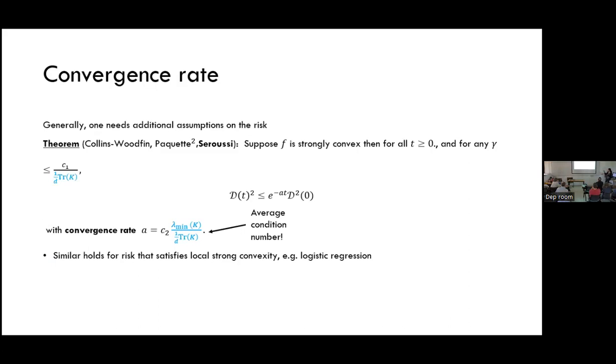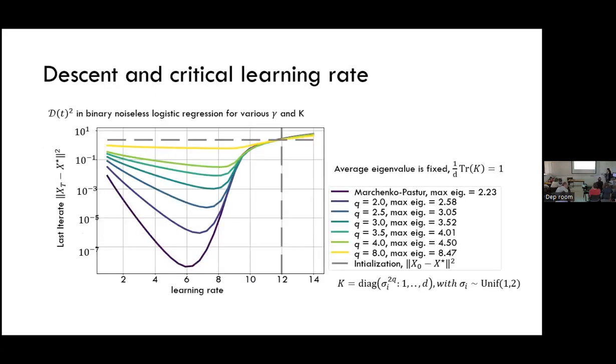And this, for example, covers the problem of logistic regression, in which you're not strongly convex but you are locally convex, and we can still cover it using this type of result.